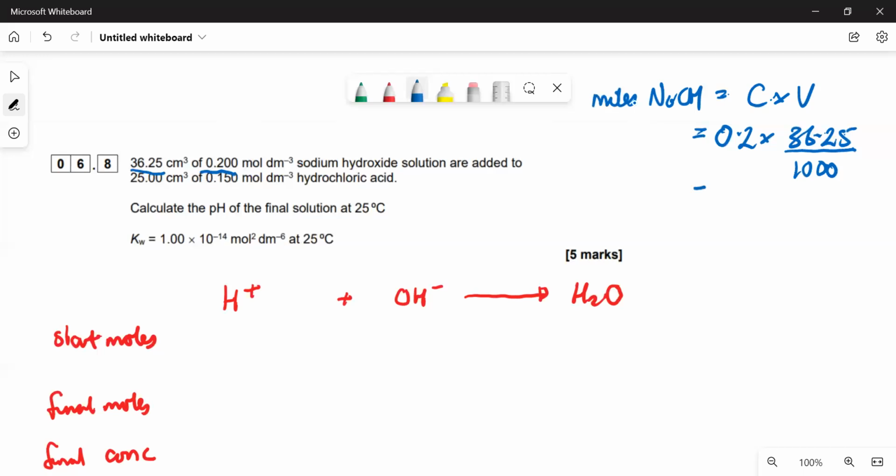Okay, so that works out to be, do it on a calculator, 7.25 times 10 to the minus 3 is the answer there. So I'm going to put that in there, 7.25 times 10 to the minus 3.